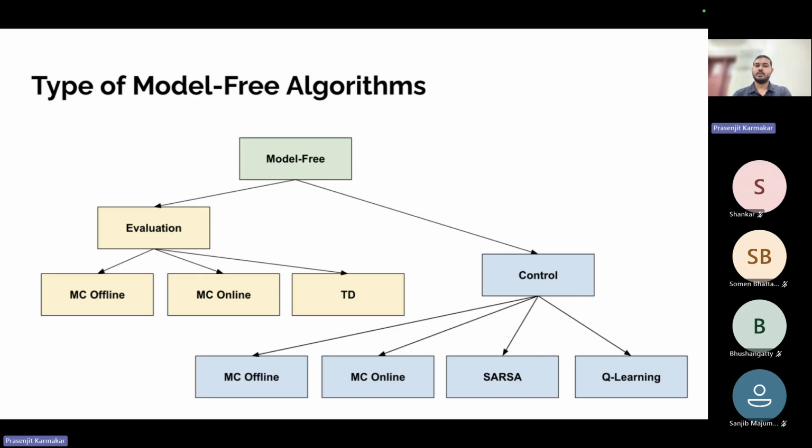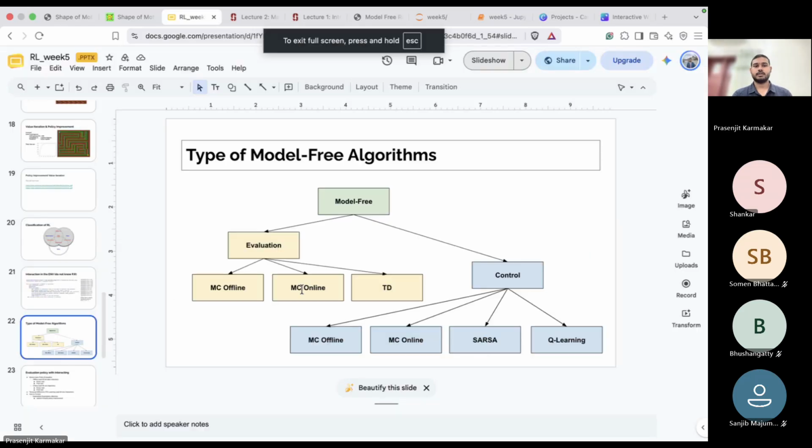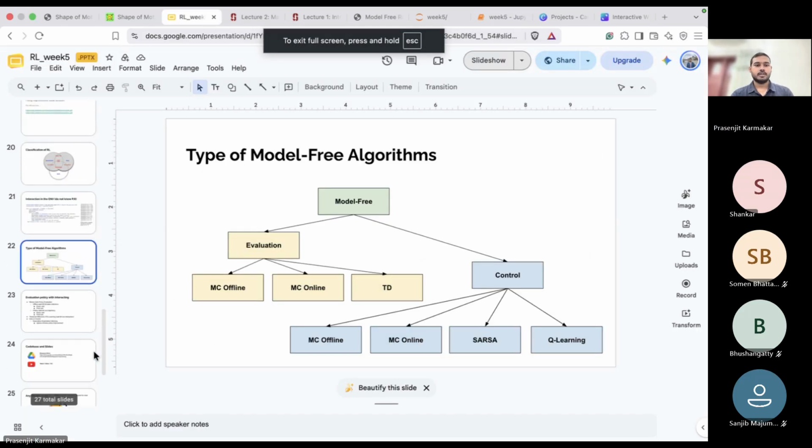Next week, we try to move towards improving the policy. Let's say I have an initial policy pi i. In pi i plus 1, I will have an improved policy over i, so that I don't have to brute force every policy. I can improve on the previous policy, statistically.